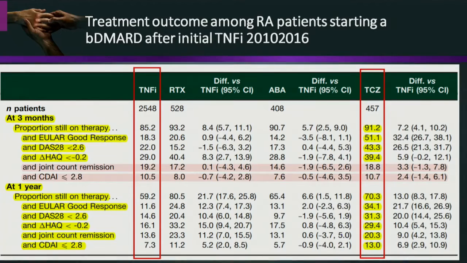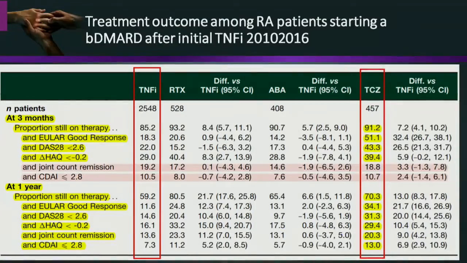If you look at the response rate, the EULAR good response was achieved with the second anti-TNF in around 11.6% as compared to 34% in the tocilizumab group. And anti-TNF is almost similar to abatacept, although abatacept is numerically higher than the second anti-TNF. But it was statistically very significant with all the endpoints with tocilizumab.